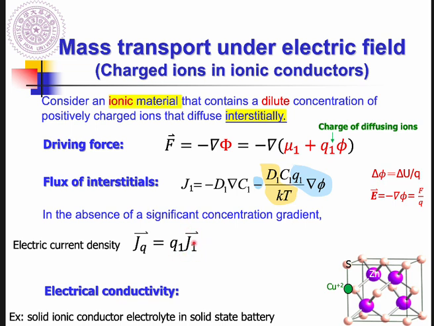So Q1 times J1 will be the current density I am going to measure passing through this material. Also, based on Ohm's law, it equals the electrical conductivity times the negative electrical potential gradient.